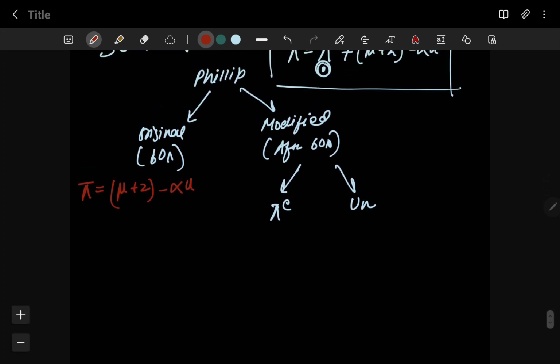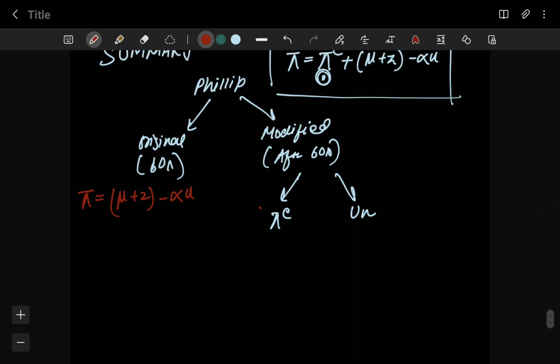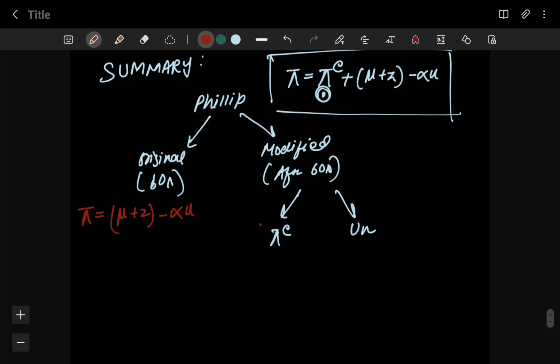When we talk about modifications, we have this case where we were introduced to the concept of expected inflation. Why? Because our inflation was constantly increasing positively. So now we started to assume that we have some value here. So in order to assume a value, we started to consider expected inflation to be pi t minus 1.